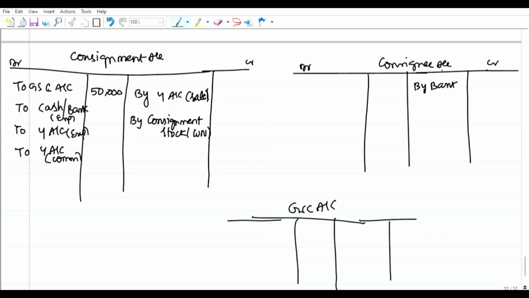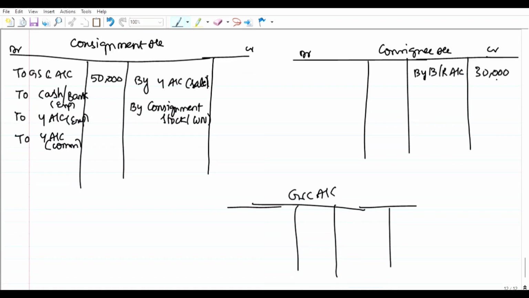So for the sale of goods, Y account debit to consignment account. So in consignee, Y is the consignee, right? So Y account debit to consignment account.